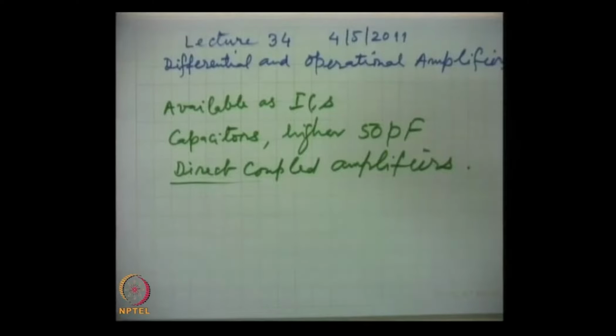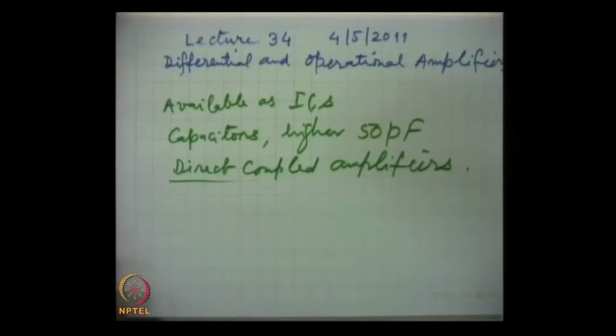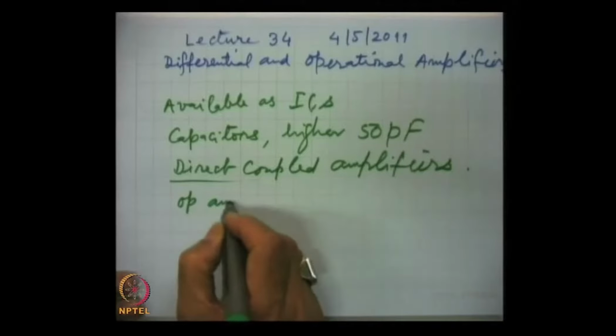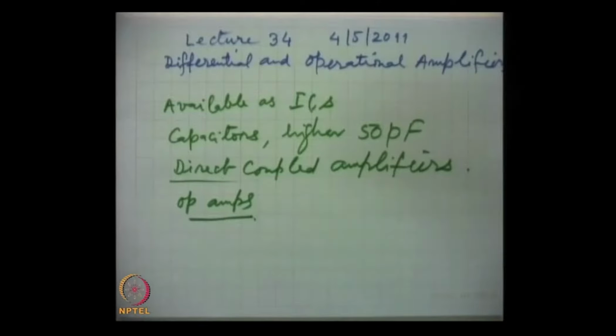First we take the differential amplifier, and after finishing that we will take a much more widely used amplifier circuit, that is the operational amplifier. Operational amplifiers in short, and more popularly, are known as op-amps. And why are they called operational amplifiers or op-amps?